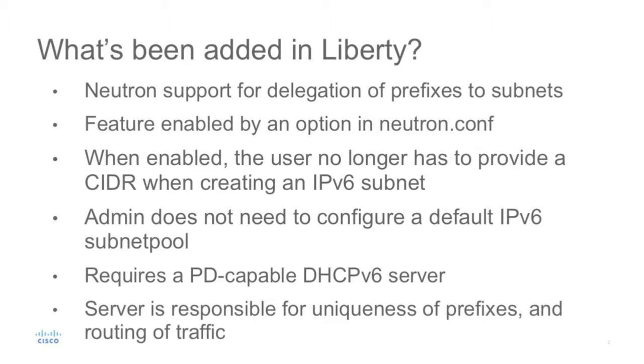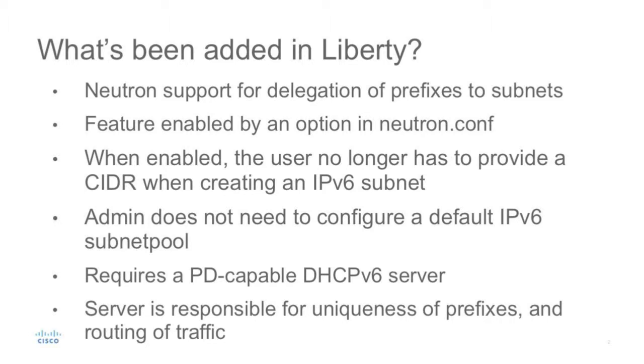You as the administrator no longer need to create a default IPv6 subnet pool. All the tenant does is they issue their subnet create request. They tell it that they want it to be IPv6. And with the prefix delegation mechanism enabled, it goes ahead and handles all of that.